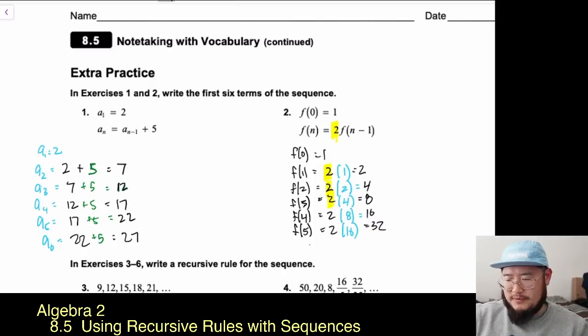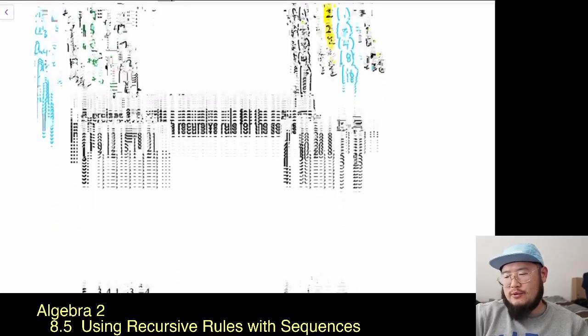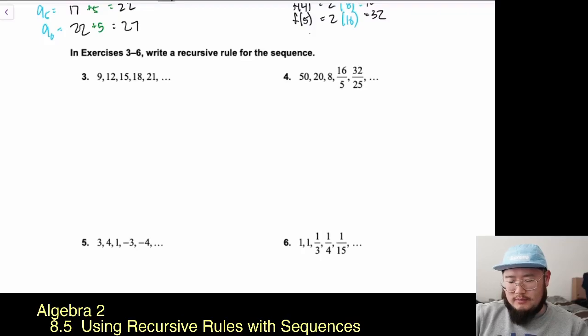It says write a recursive rule for the sequence. So remember, in the recursive rule right here, we need to know what is the common difference or the common ratio. Okay, we got to determine which one of those do we have. And so let's take a look first off and determine that.